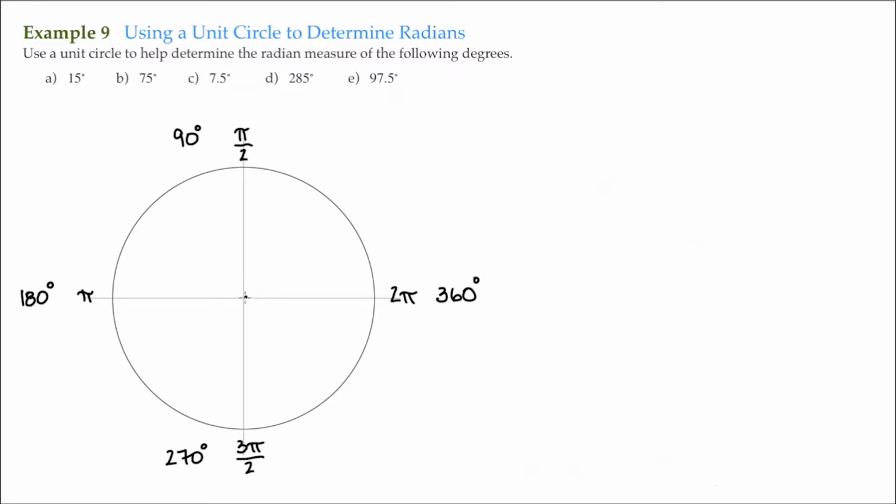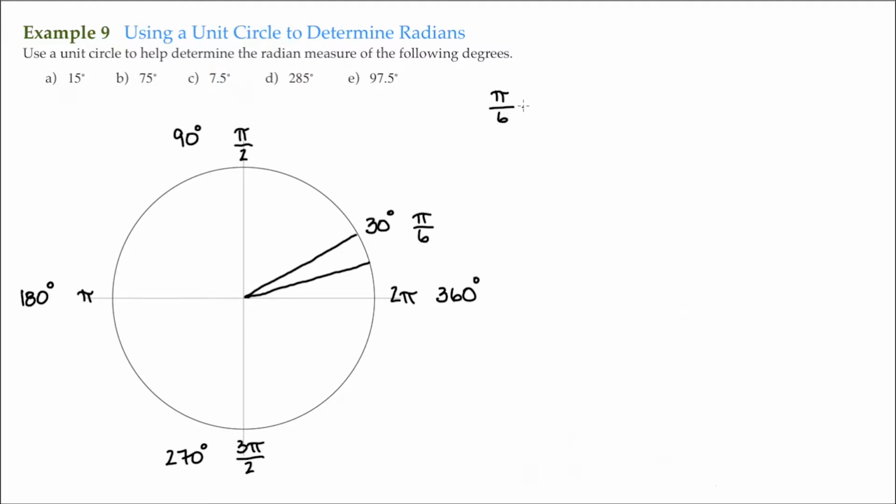So I know that 30 degrees is pi over 6 radian. 30 degrees is 1/3 of 90 degrees, and 1/3 of pi over 2 is pi over 6. So then 15 degrees, that's half of 30 degrees. So then 15 degrees, in radian measure, is going to be half of pi over 6.